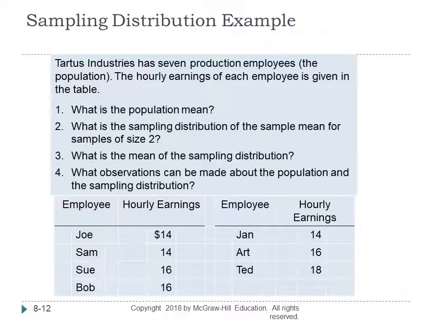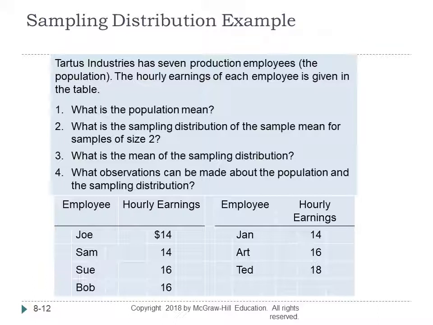Here is an example, just to get an idea how to construct the sampling distribution for the mean. This is Tartus Industries, which has 7 production employees, and this is your population. The hourly earnings of each employee is given in the table. First of all, we want to calculate the population mean, and then we'll look at the sampling distribution.